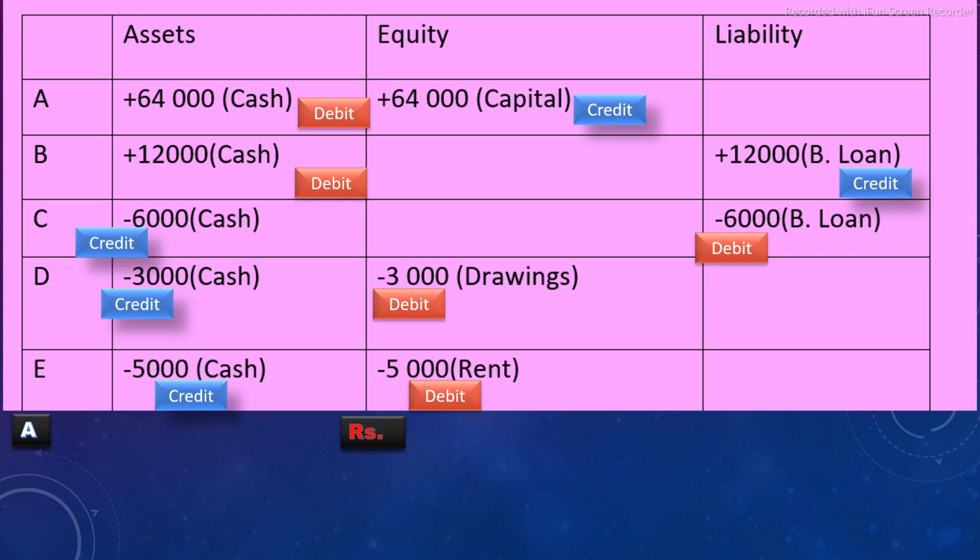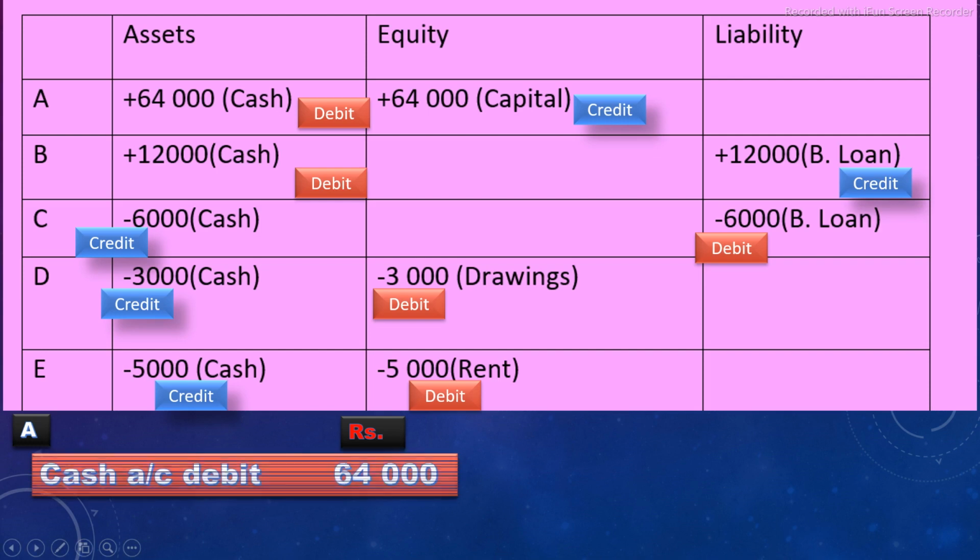Therefore, first entry A, asset increases 64,000, cash debit side. Since it is cash, you write cash account debit 64,000 rupees.